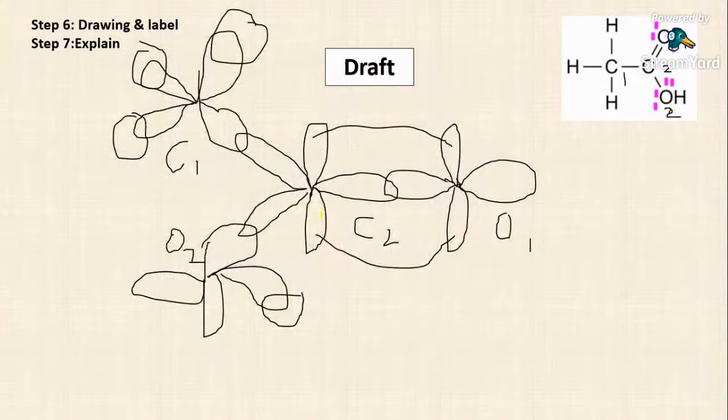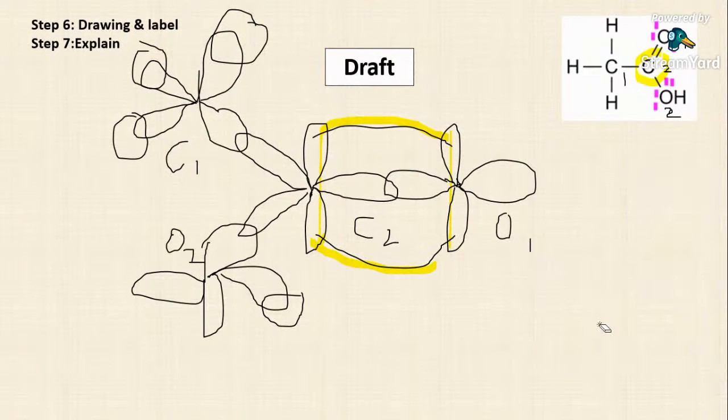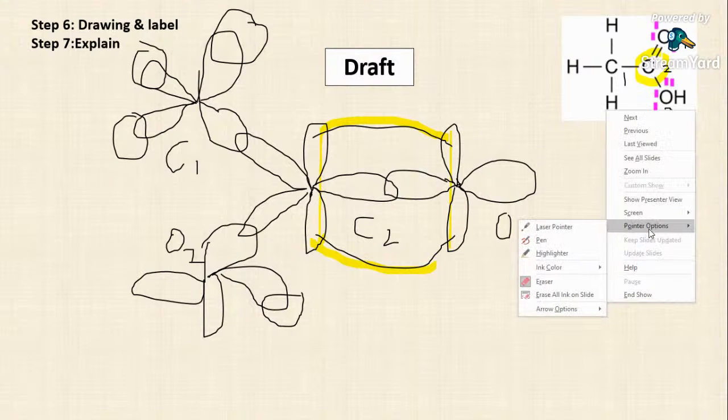Look at another example. I prefer like this. For me, I will draw like this. I will settle the pi bond first. I know C2 has a pi bond, so I draw the C2 first. It will overlap with the O1 to form the pi bond. And then don't forget, you have to follow the shape correctly, exactly.